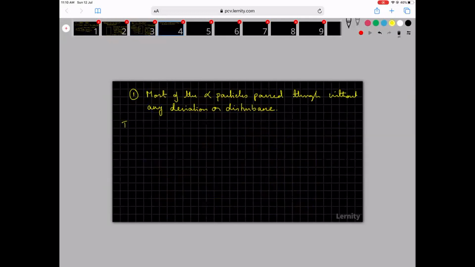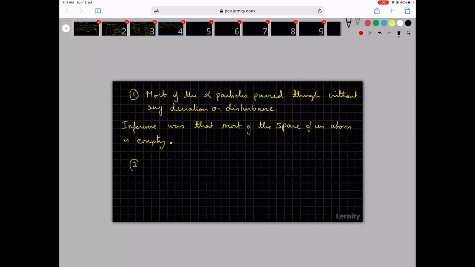His inference was that most of the space of an atom is empty. That's what he could infer.